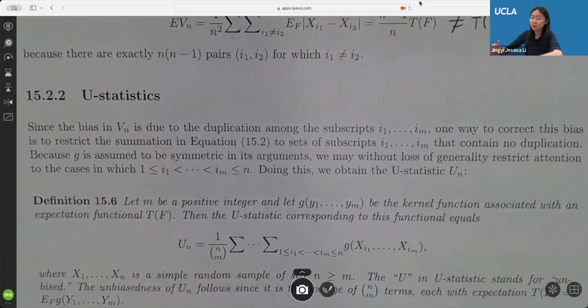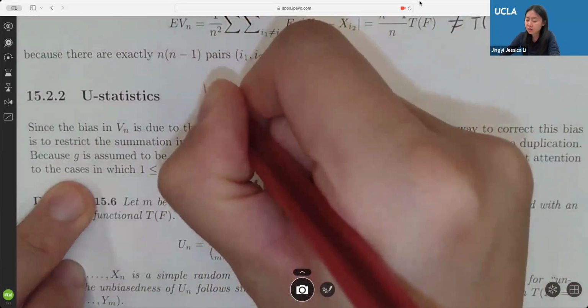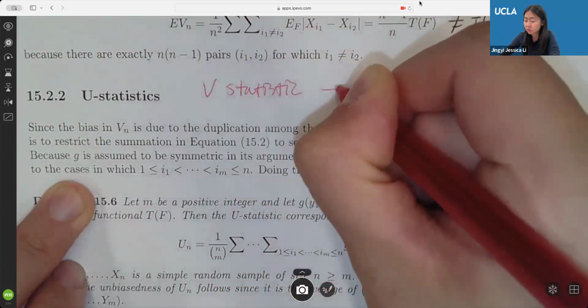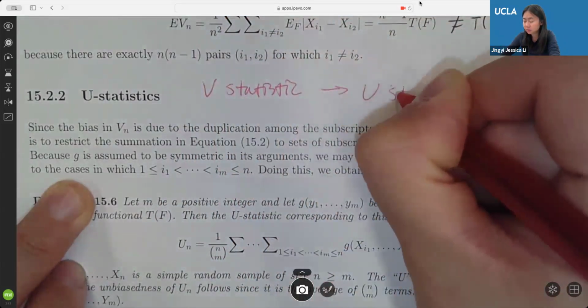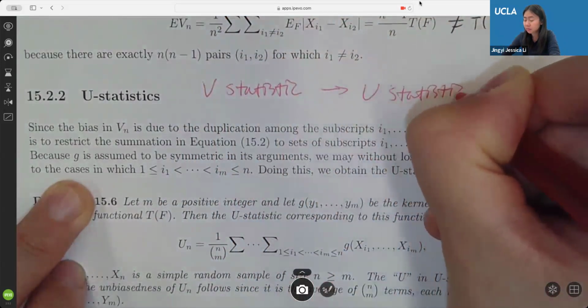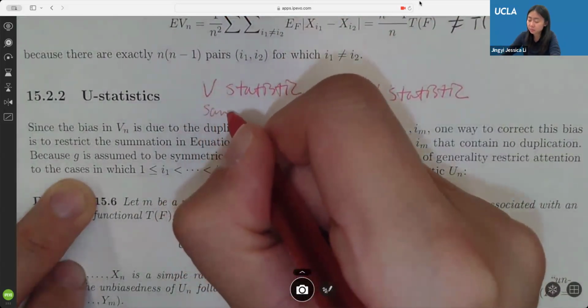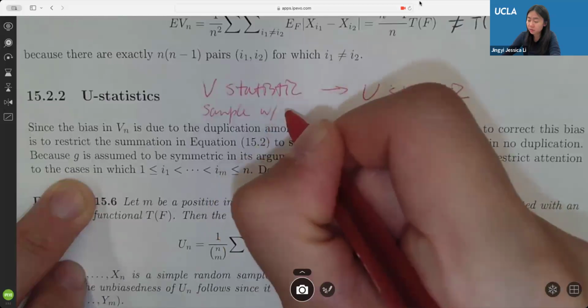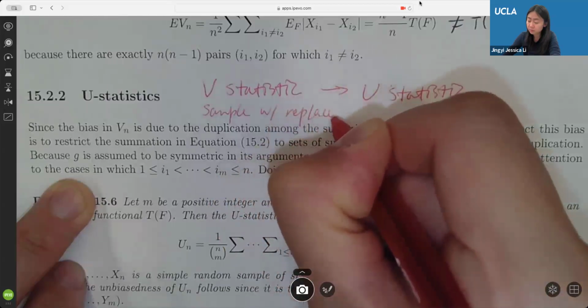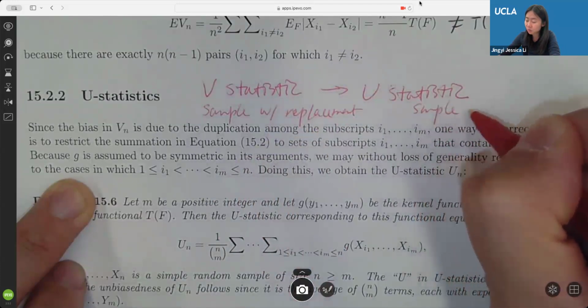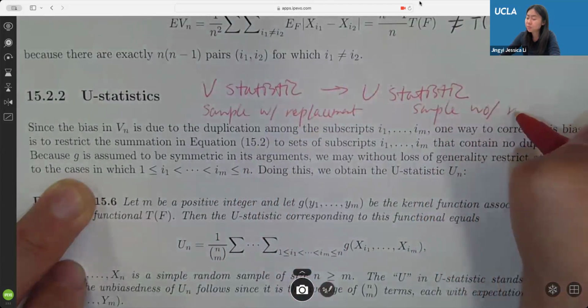So essentially, you can think about the V statistic to the U statistic. The difference is, for the V statistic, you have sampling with replacement, while for the U statistic, you have sampling without replacement.